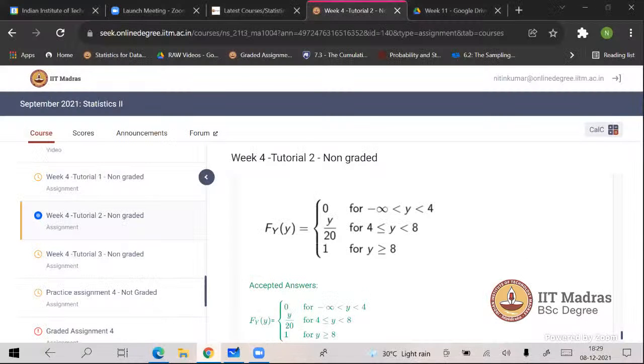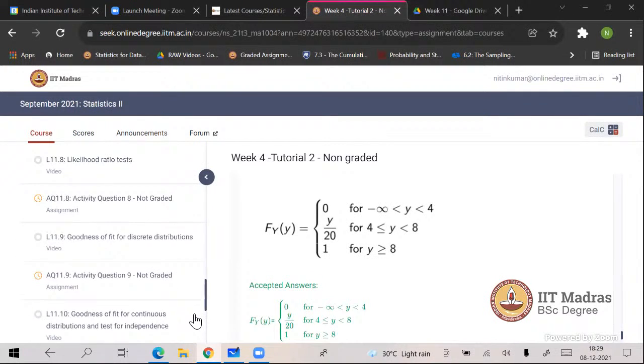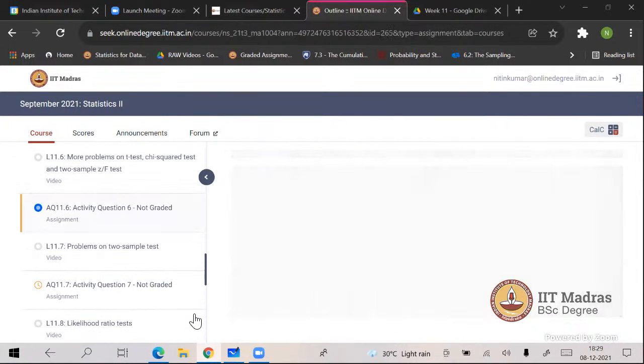Because we are taking some samples also. So what do you mean by better? There are some questions in the examples also, activity questions 11.6 or something. And it is asking for the fit that this type of distribution is given, and it is yes or no in that kind of answer.